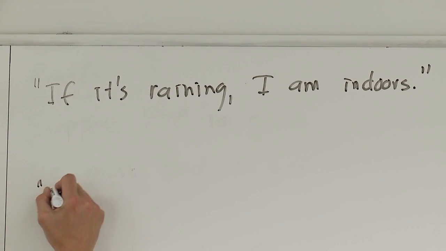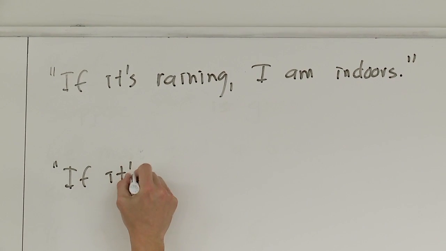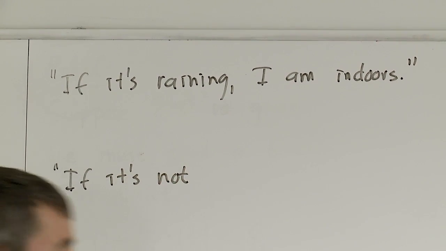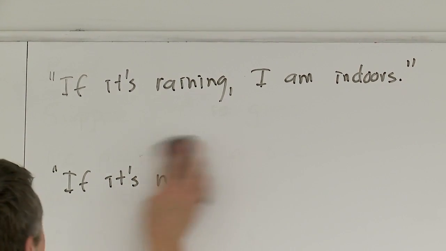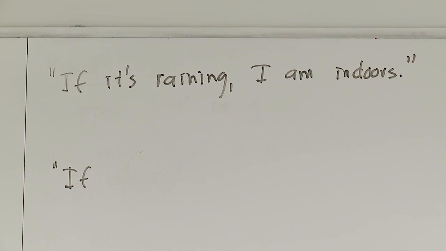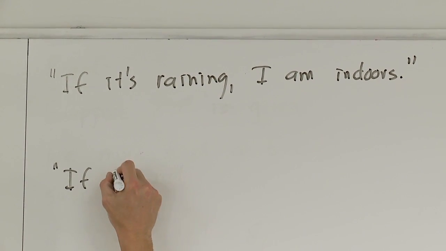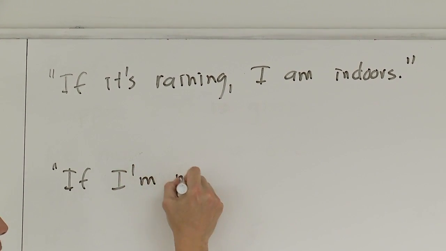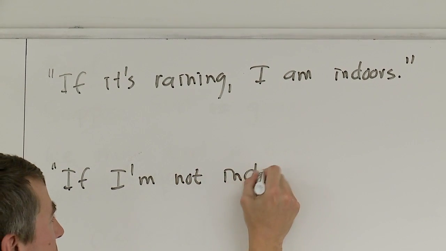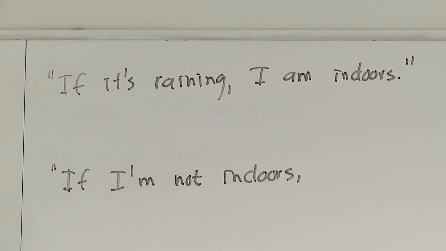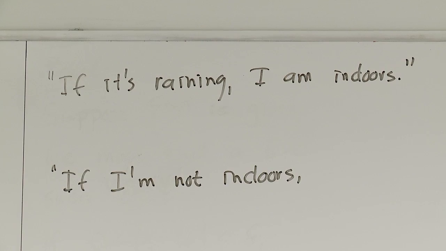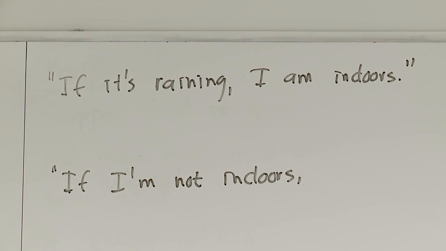So consider this statement: if I'm not indoors, if I'm not inside the house. So if it's raining, then I'm indoors. If I'm not indoors, what do you know about the weather situation? You know that it cannot possibly be raining, right?